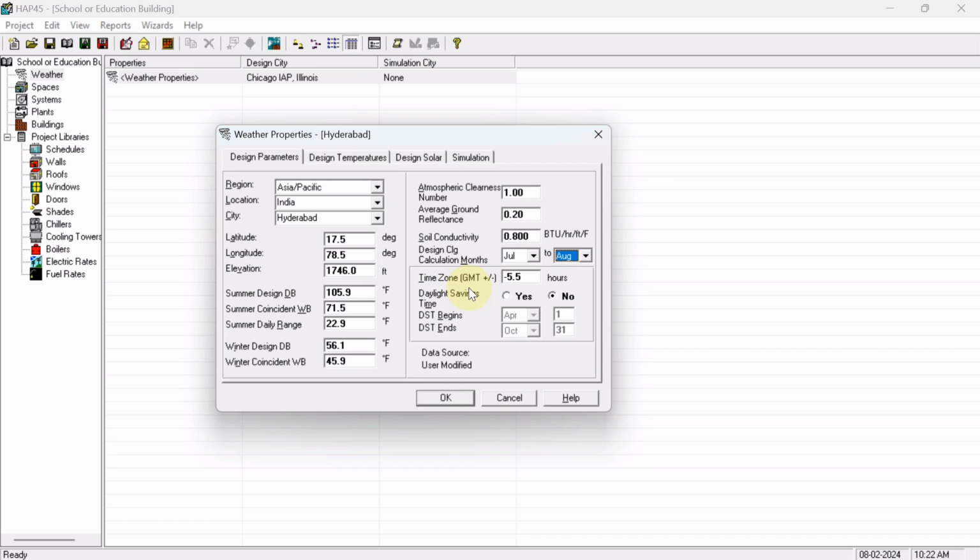The concept of time zone was developed to standardize timekeeping and facilitate global communication and travel, etc. So time zones are essential for coordinating activity, scheduling events, and ensuring accurate timekeeping across different regions of the world.